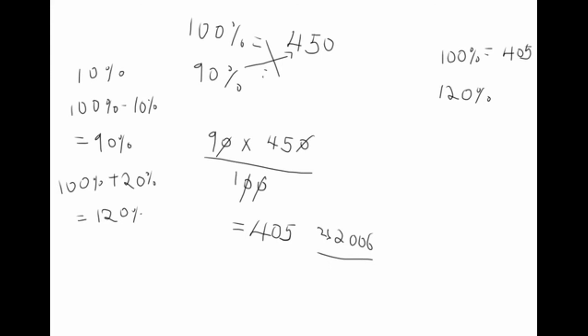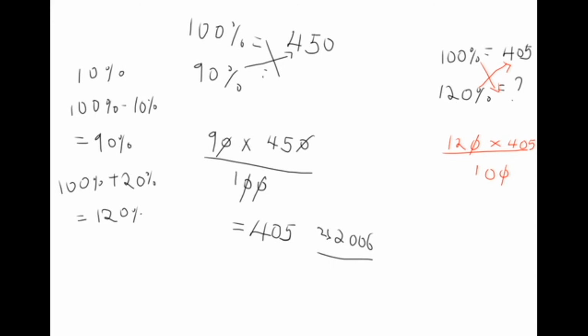What about 120%? Then from there we shall cross multiply 120 times 405 over 100. Then we will simplify from there. We shall cancel this 0 with this 0.